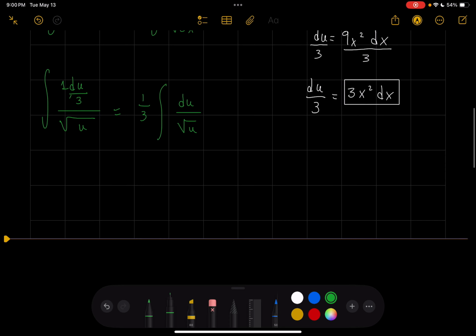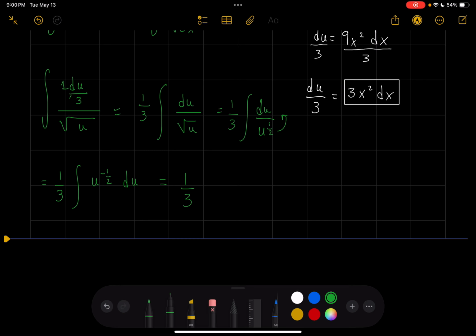So now the square root of u is going to be u to the power of half. So 1 over 3 du over u to the power of half. You can take the u to the power of half up. So then it will become 1 over 3 integration of u to the power of minus half du. And then apply the integration process.